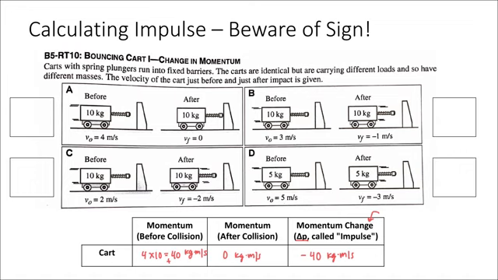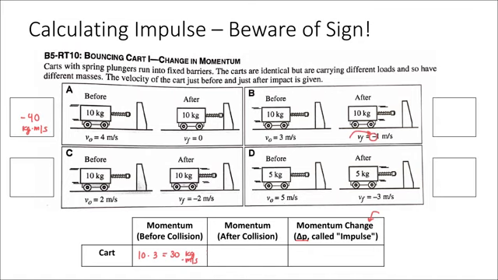All right, let's take a look at B. For situation B, the initial momentum of the car will be the mass 10 multiplied by 3 meters per second. So that'll be 30 units of momentum. And then after the collision, you might not always be told that the car is moving backwards, but if it's just reported at a velocity of 1 meter per second, you have to be careful to supply that negative.